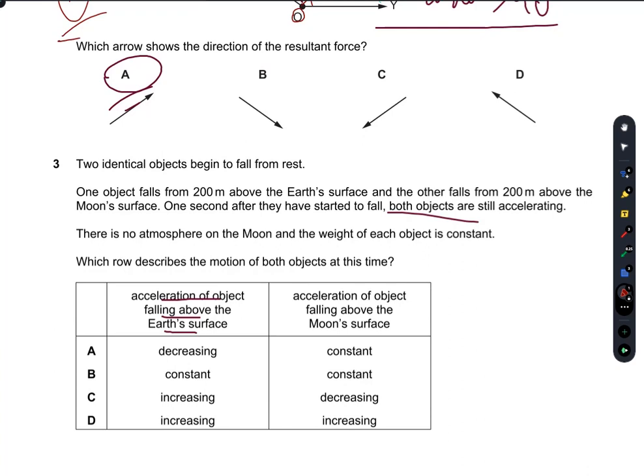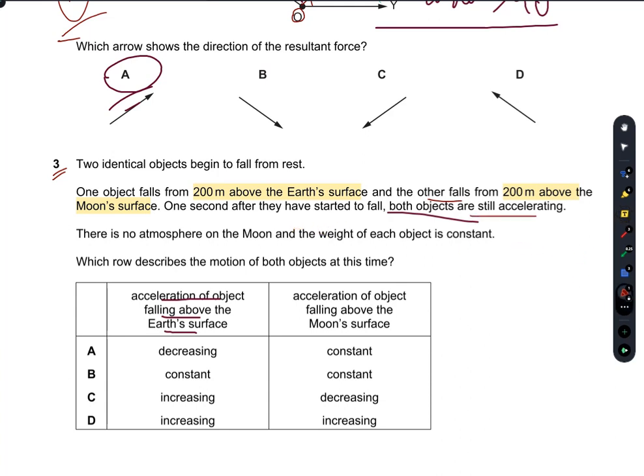So question number 3. Two identical objects begin to fall from rest. One object falls from 200 meters above the Earth's surface, and the other object falls from 200 meters above the moon's surface. 1 second after they have started to fall, both objects are still accelerating.